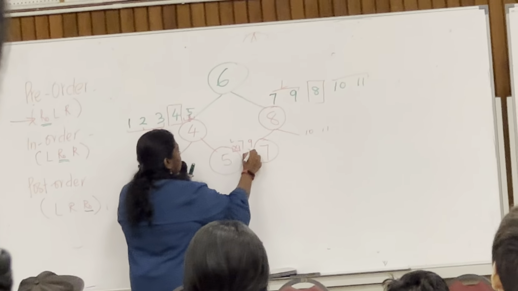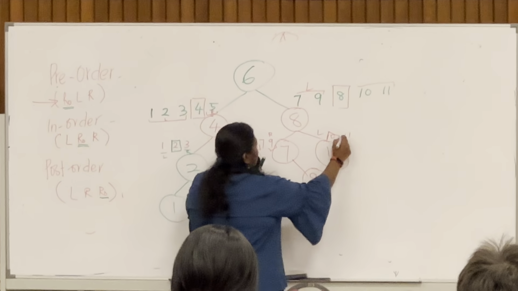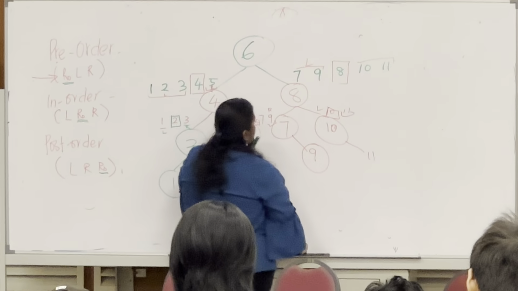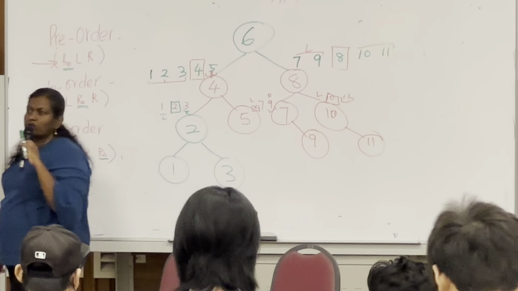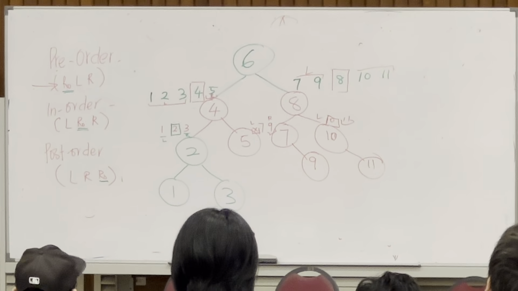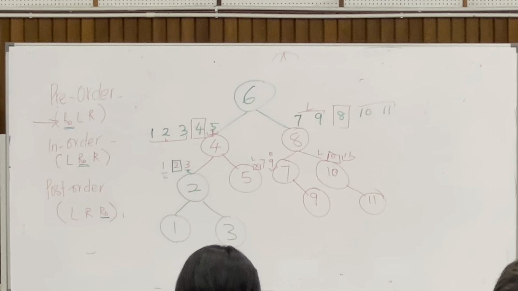Left is empty, right is number 9. Next is 10. So here you have 10. There's nothing on the left, so right is 11. This is how you construct a binary tree using traversal order.